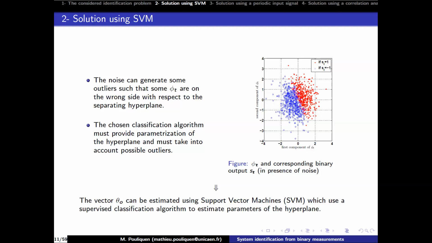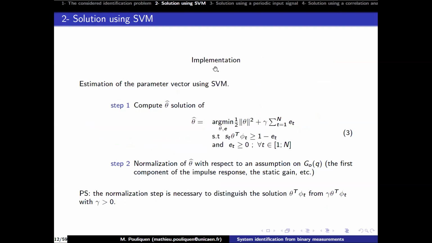And that's why we have chosen the support vector machines solution. This is the principle. We reformulate the identification as a classification problem, and we have just to choose a classification algorithm. The implementation of this solution is very simple. I'm not an expert in support vector machines, but only a user, and I take a MATLAB function in order to apply this solution.